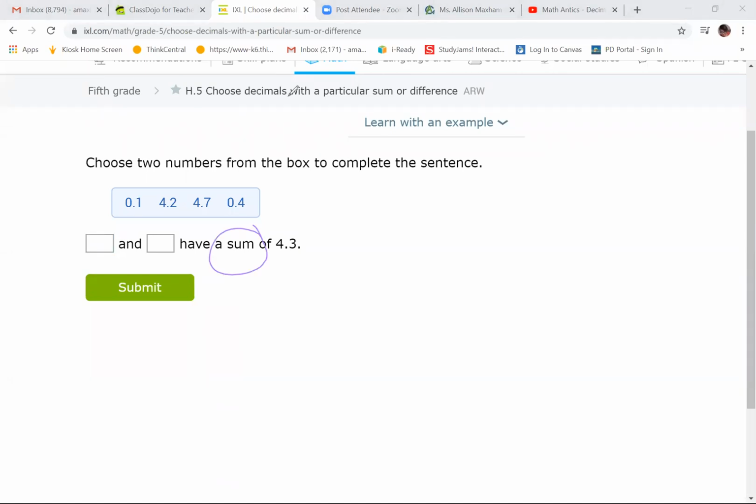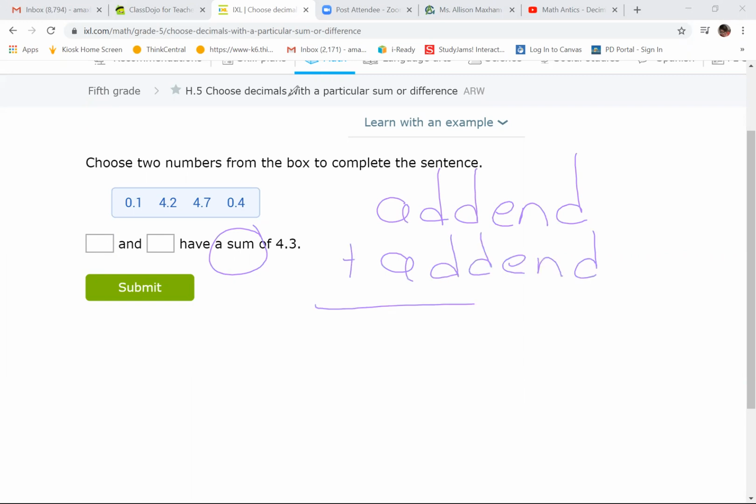If you remember from the beginning of the year, we have addend plus addend equals sum. So they're telling us that the sum is 4 and 3/10. So what are the two addends? What two numbers can add up to 4 and 3/10?